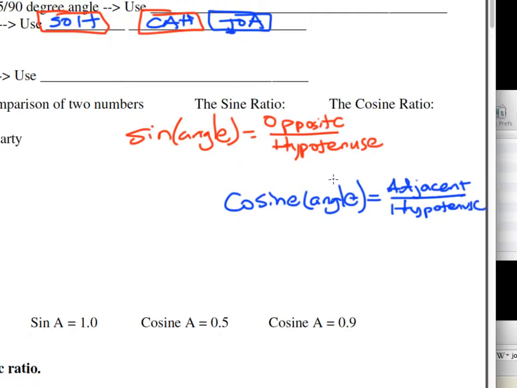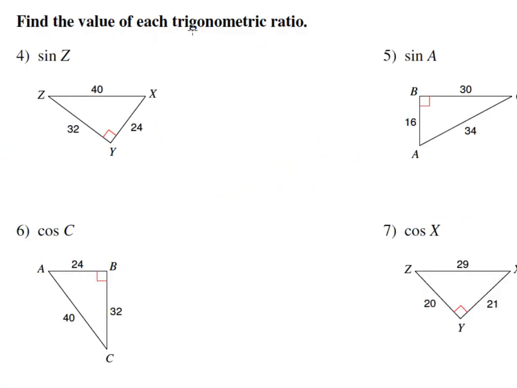So let's take this information and use it. Let's find the value of each trigonometric ratio. So sine of z, we start right here. Remember, sine means opposite over hypotenuse. So we have to figure out where our opposite is. Go right across, that's our opposite right there, and our hypotenuse is right here.